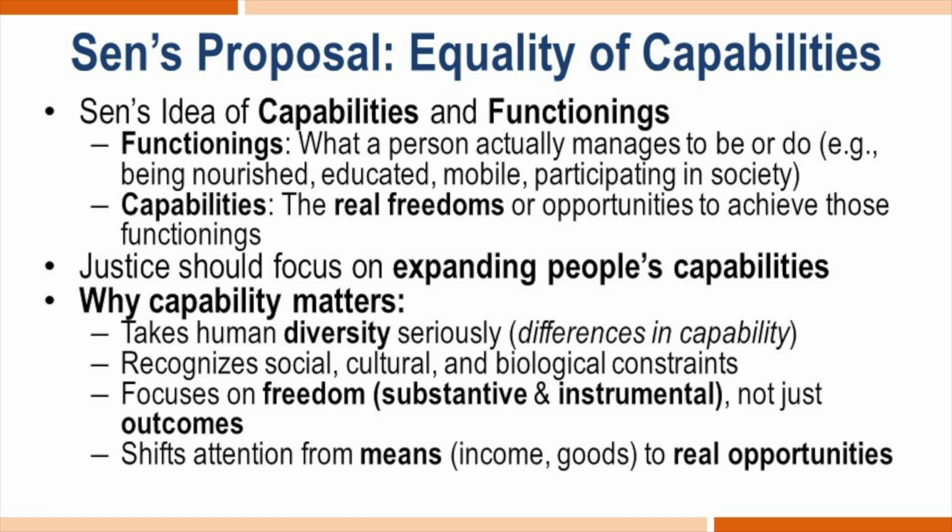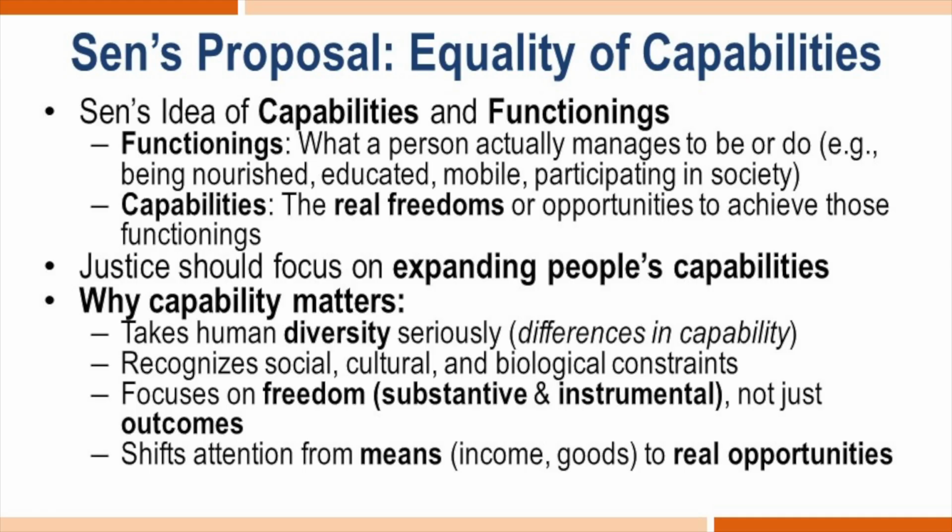In the central argument, Sen provides two ideas. One is called functioning and the other is called capability. Functioning in Sen's approach is the different activities which a person manages to do. Like, he can be well nourished, he can be educated, he can be mobile, he can participate in society.